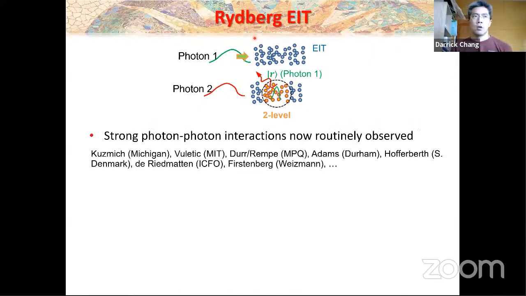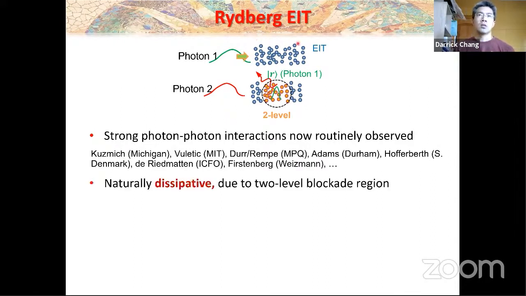These Rydberg-mediated photon-photon interactions are now routinely observed worldwide. But one important thing to note is that this photon-photon interaction is naturally dissipative, because the first photon effectively creates a strong random scattering medium for the second photon to disappear into 4 pi.